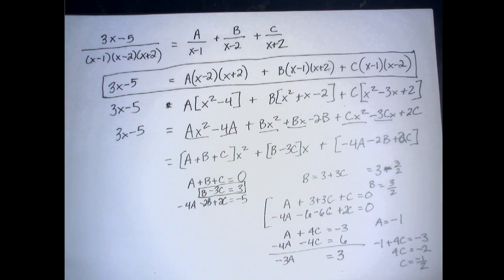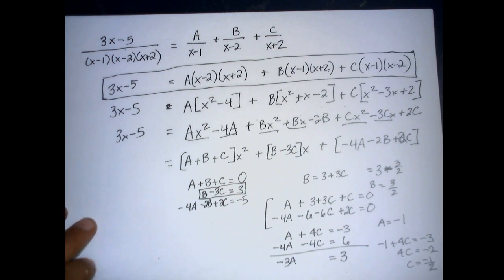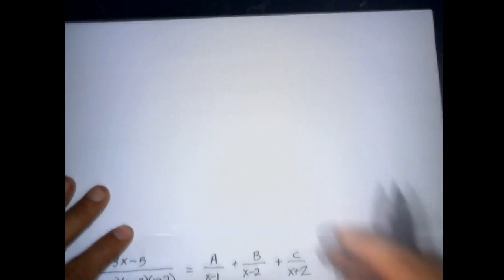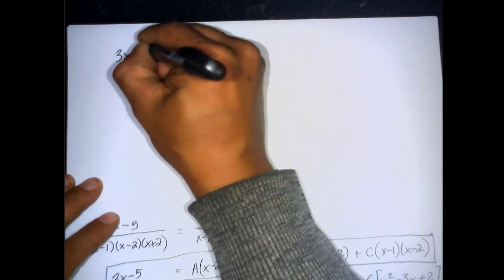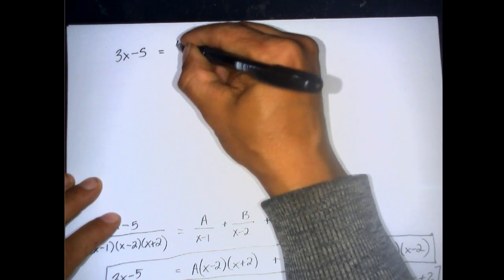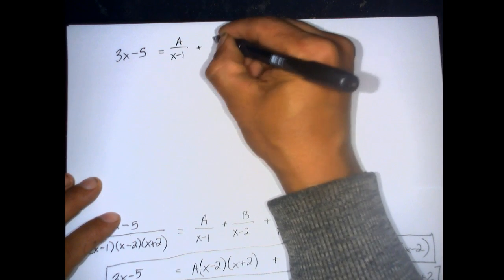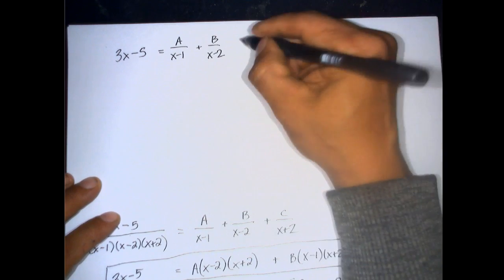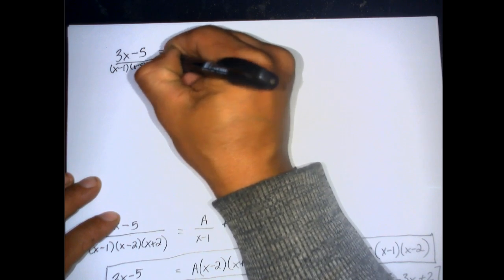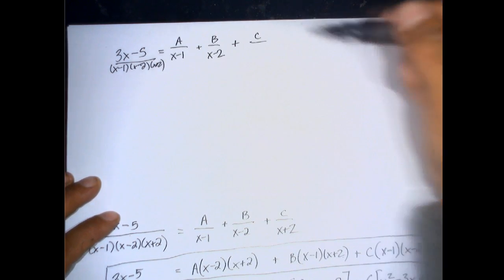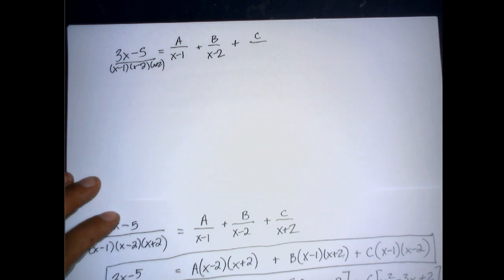Okay. So now we have to check it. So I want to rewrite this up here as our answer. So we said that 3x minus 5 is equal to a over x minus 1 plus b over x minus 2 plus c over x plus 2.